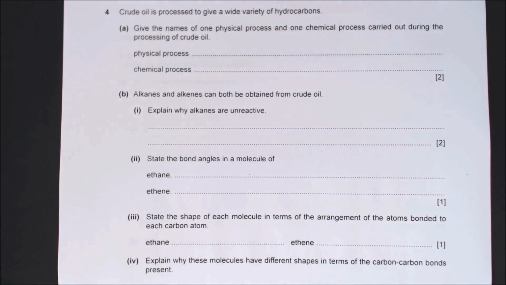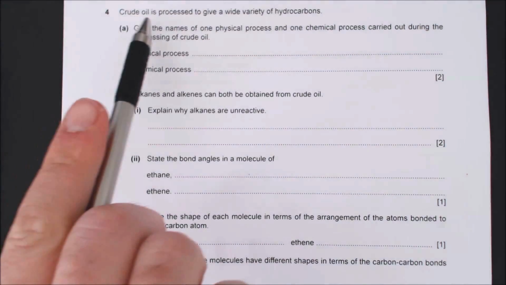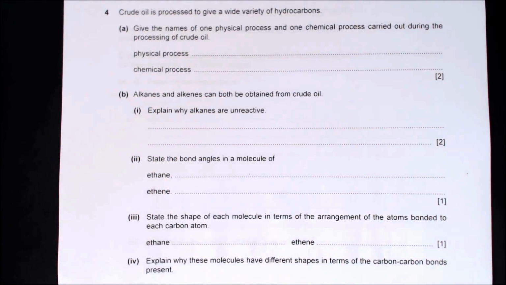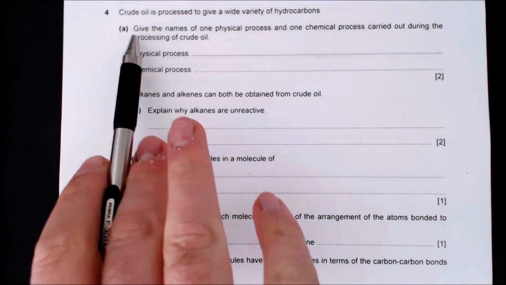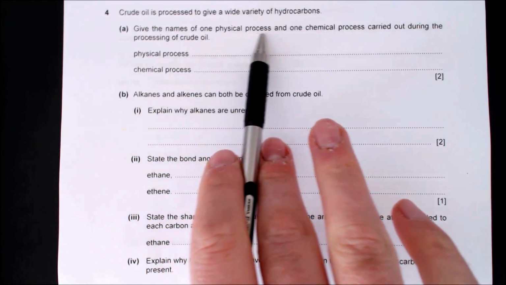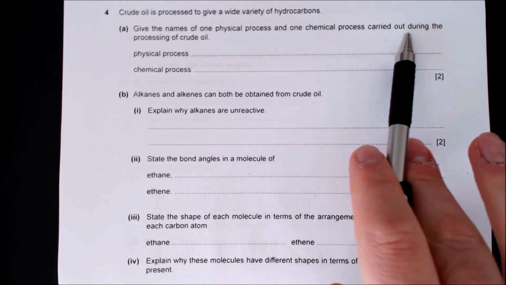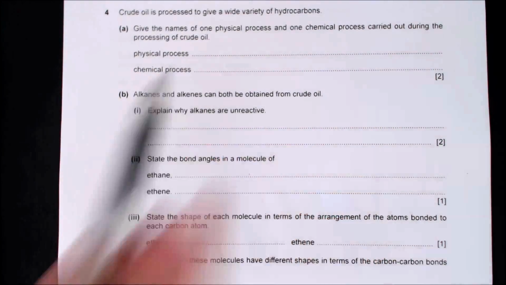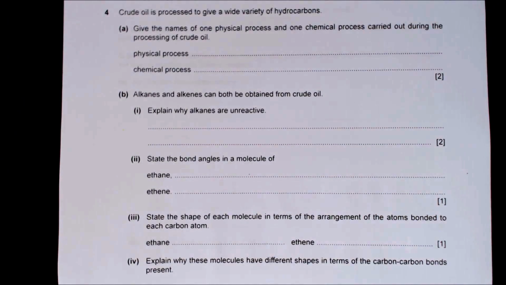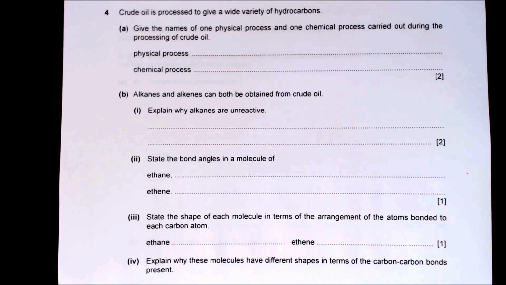Okay, so this is question 4. Question 4 says crude oil is processed to give a wide variety of hydrocarbons. 4A, give the names of one physical process and one chemical process carried out during the processing of crude oil. Okay, so the physical process, when we are separating this, is obviously looking at the melting and boiling points.